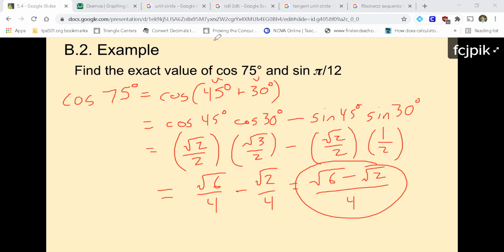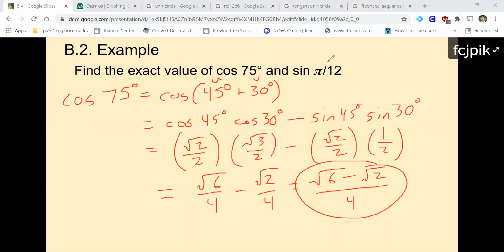That is the exact value. No decimals, simplified as much as you can. Yay?